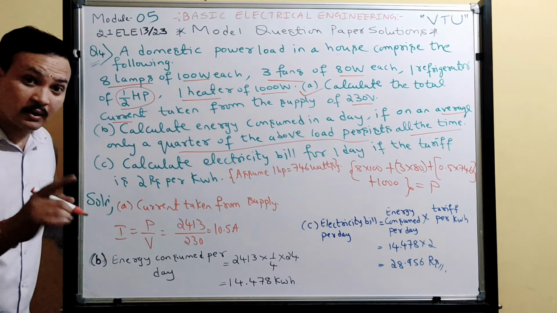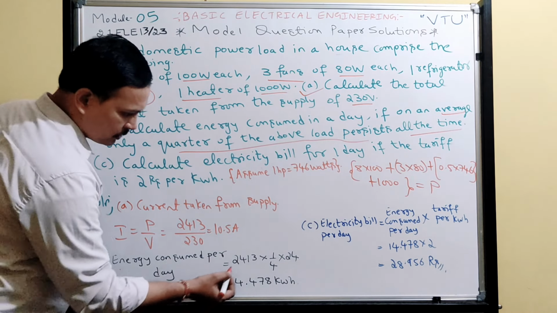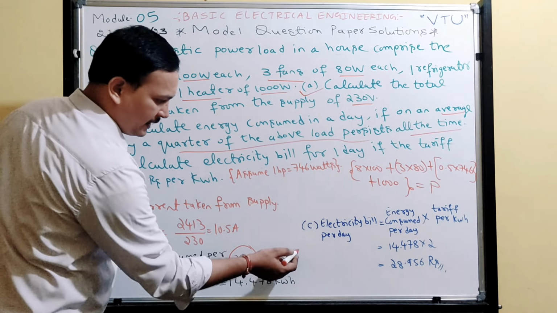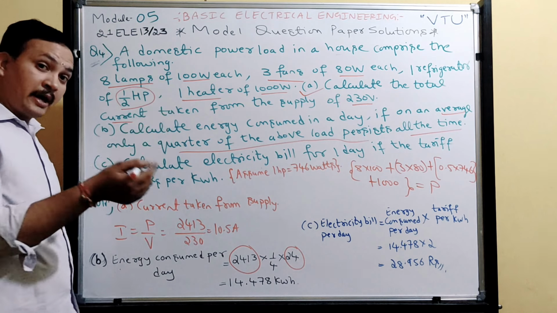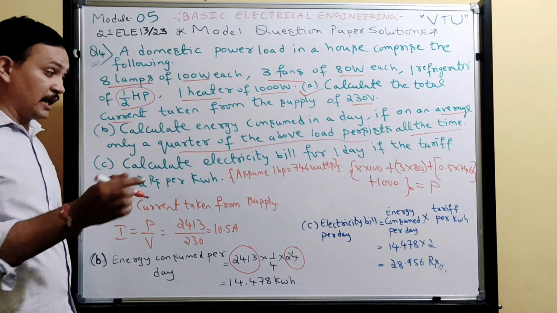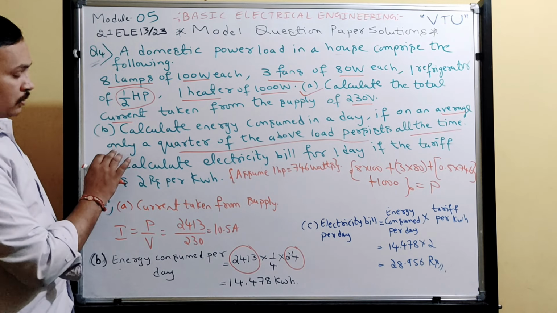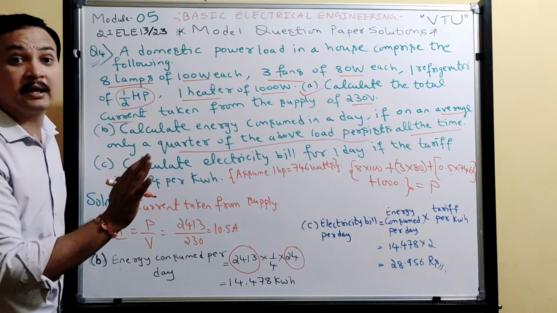Under such a condition, you calculate the energy consumption per day. Energy consumed per day: total power is 2430, and in a day there are 24 hours. But our appliances are operating only a quarter of the time, 1/4, as given: only a quarter of the above load persists all the time.